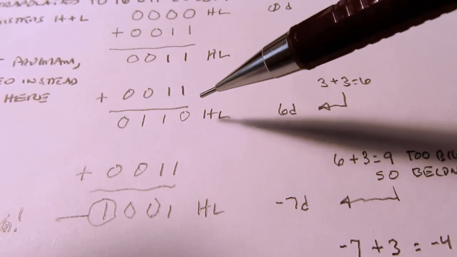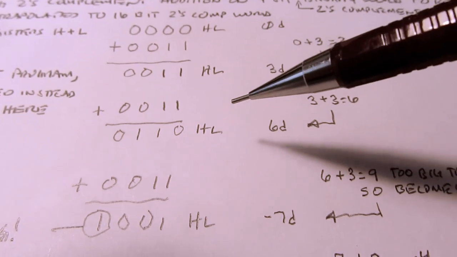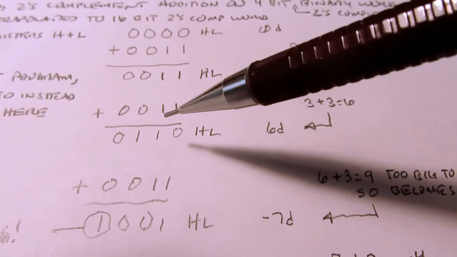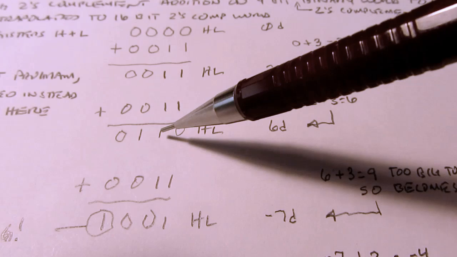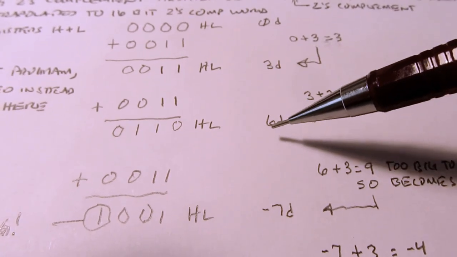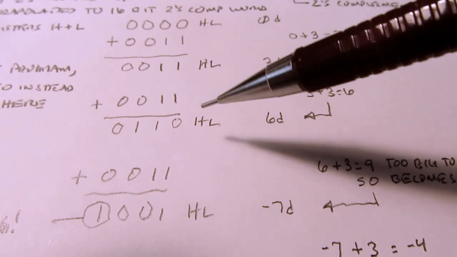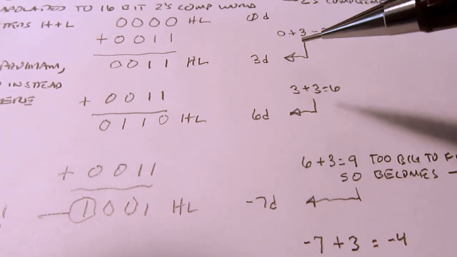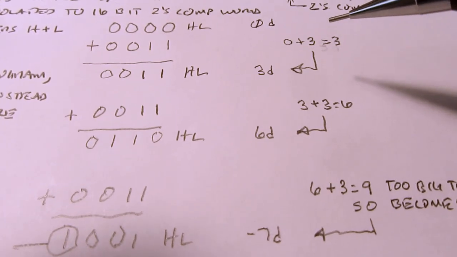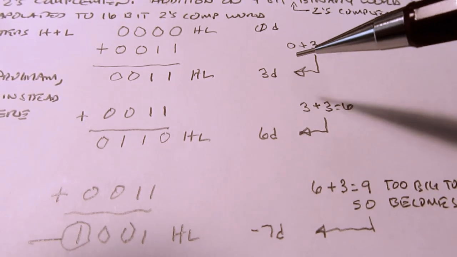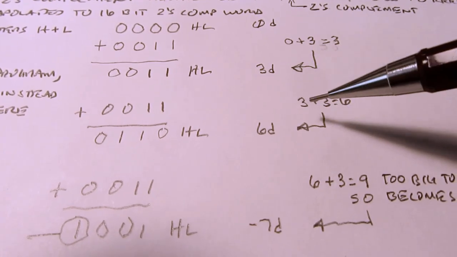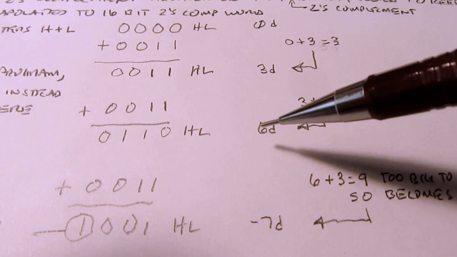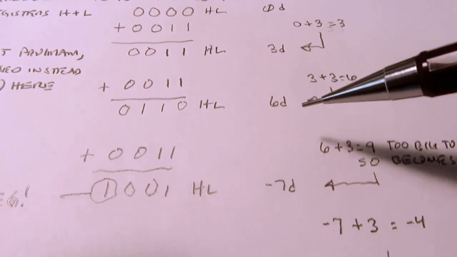So that's pure binary arithmetic or addition. We can look at that and see that's 4, 5, 6, so it's 6 decimal. And we know we can treat it as a positive number because the sign bit is not set. If you look at it in decimal, we're taking the 3 that was already there, adding 3 to it, and you get 6. So doing it in decimal, it adds up.